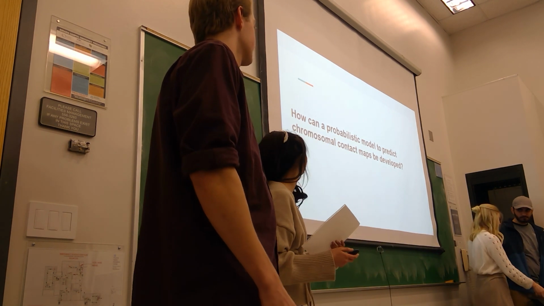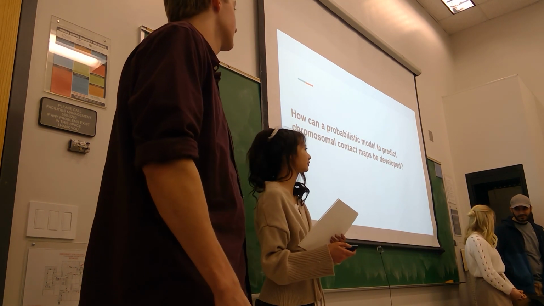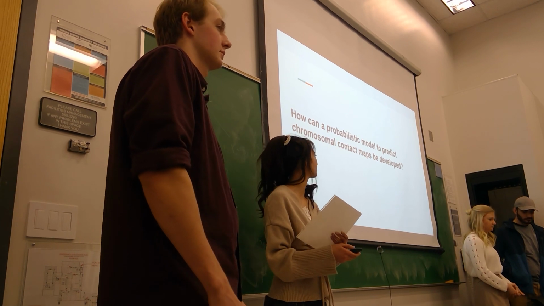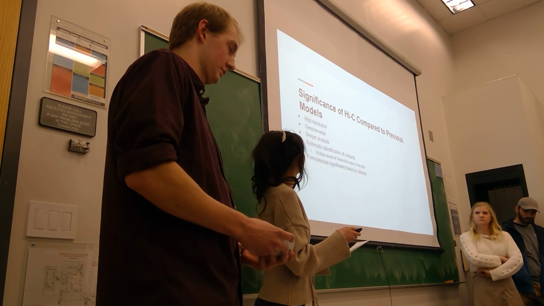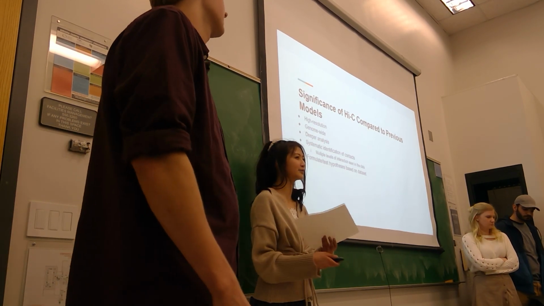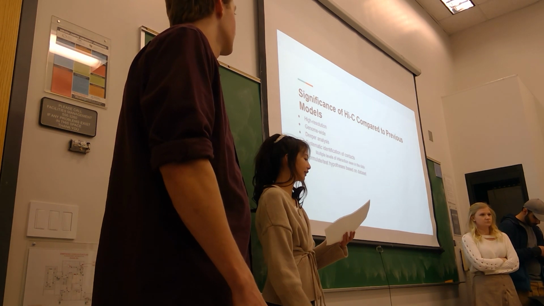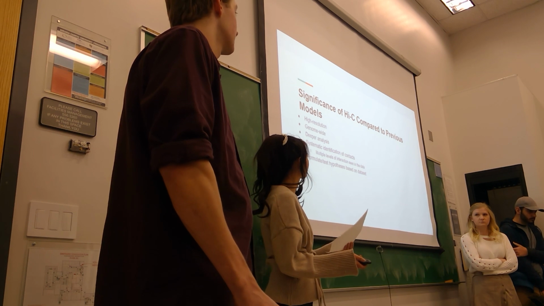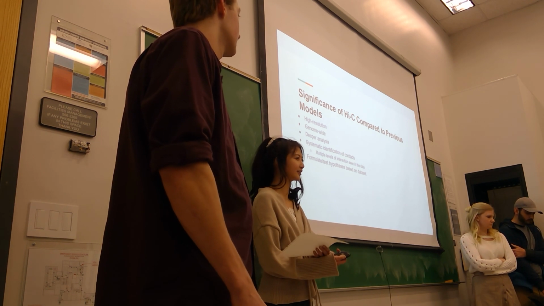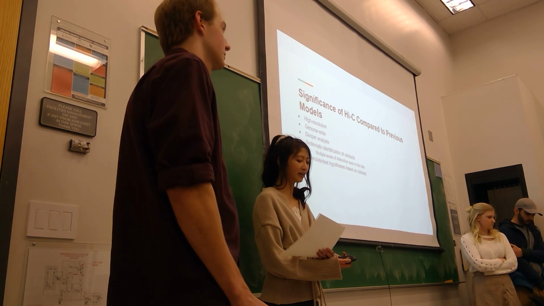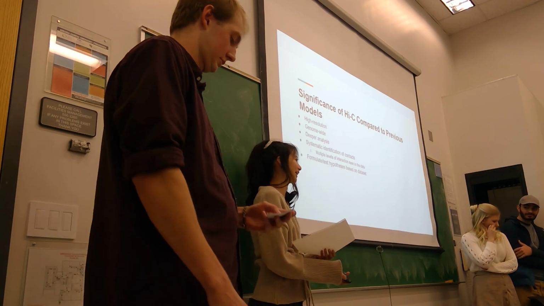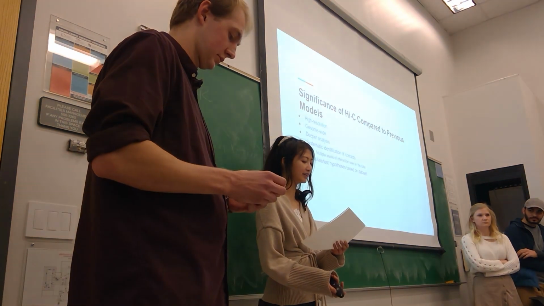So the next question was, how can a probabilistic model to predict chromosomal contact maps be developed? There were methods already previously established, like we talked about 3C, that were supposed to have the same intent, but the difference was that they couldn't be generalized. What Hi-C does is that it's high resolution, and it operates on a genome-wide basis.